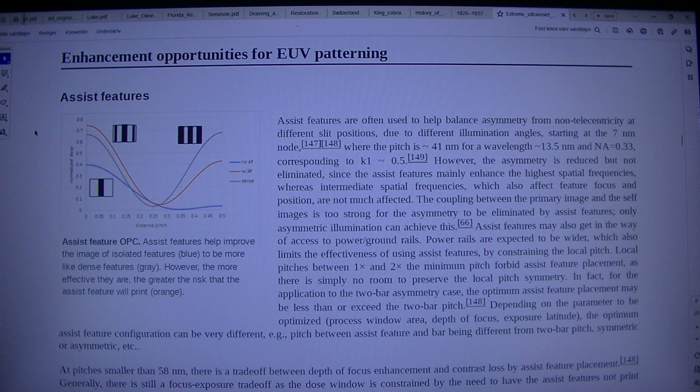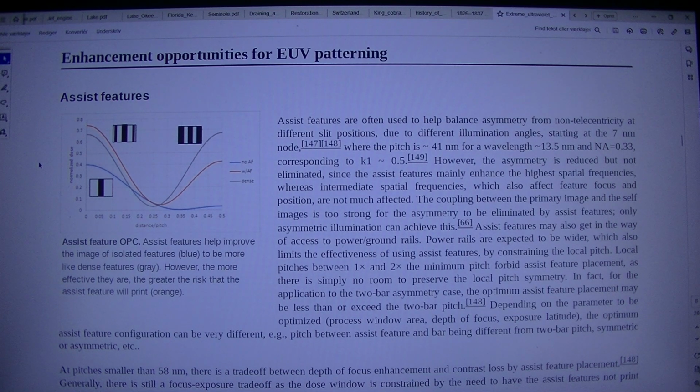where the pitch is ~41 nm for a wavelength of ~13.5 nm and NA equals 0.33, corresponding to k1 of 0.5.